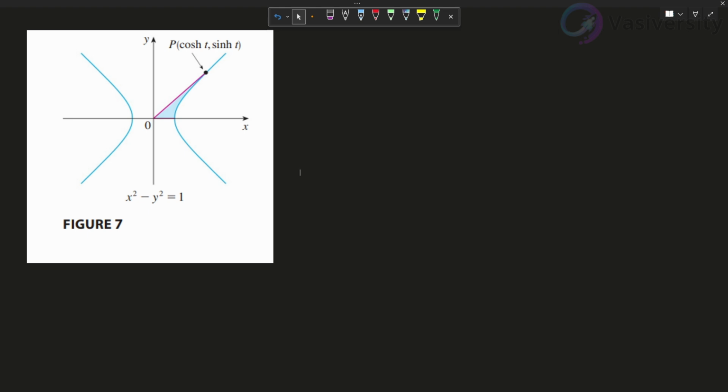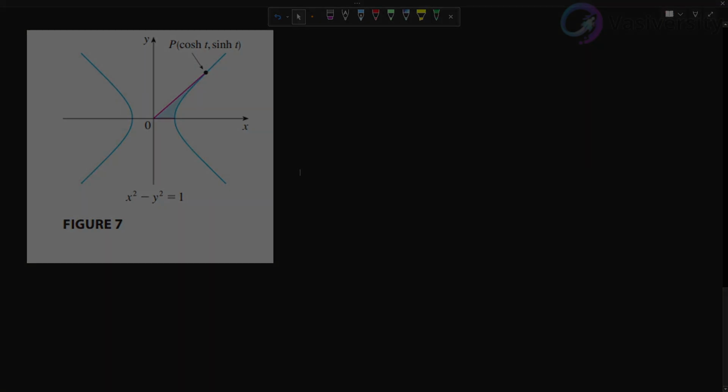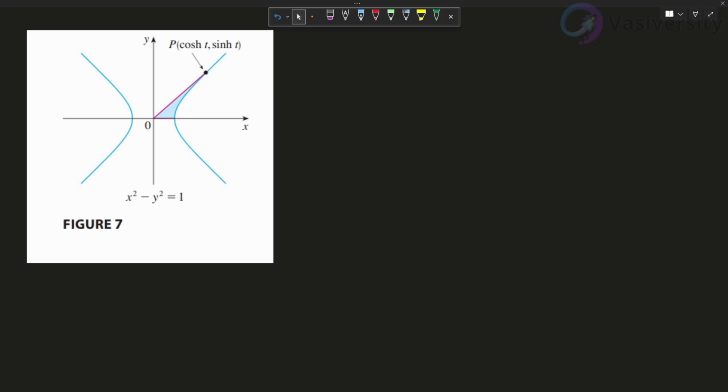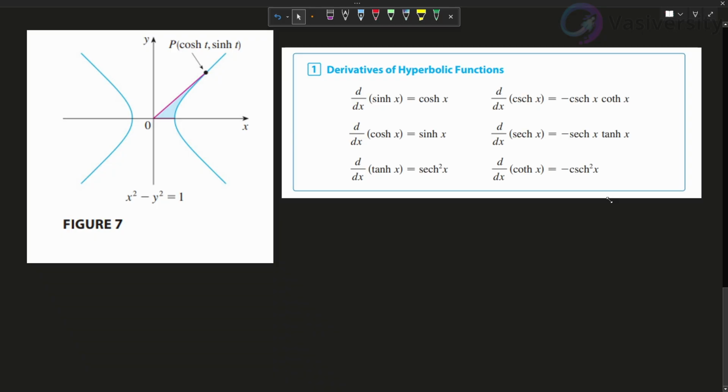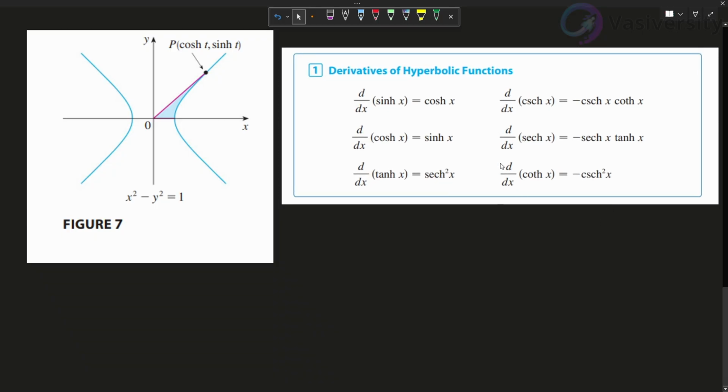Okay, so now let's learn about the derivatives. Since we're in calculus class, we also care about derivatives, and we already know how to take the derivatives of exponentials. The derivatives of hyperbolic functions, since they are related to e to the power of x, will be pretty easy to take. The derivative of hyperbolic sine is hyperbolic cosine, and the derivative of hyperbolic cosine is hyperbolic sine, so signs here don't change.